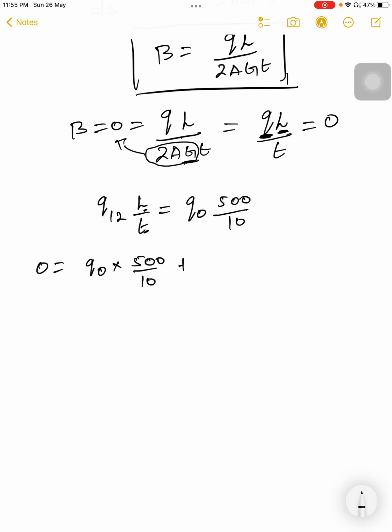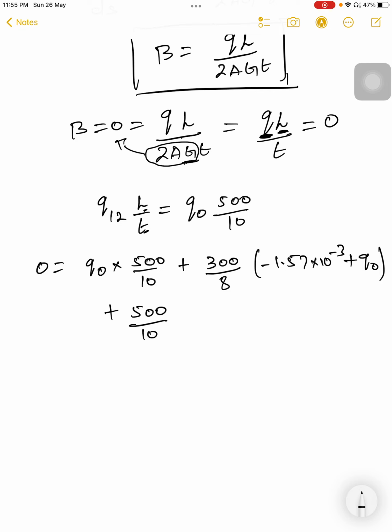Now panel 2 3, the length is 300 divided by the thickness 8. Q23 is minus 1.57 into 10 power minus 3 plus Q0. Now panel 3 4, the length is 500 divided by 10.